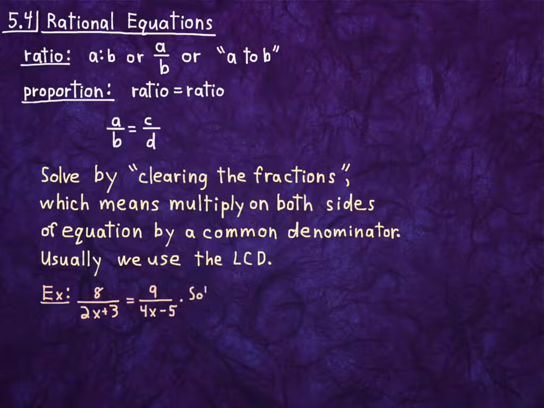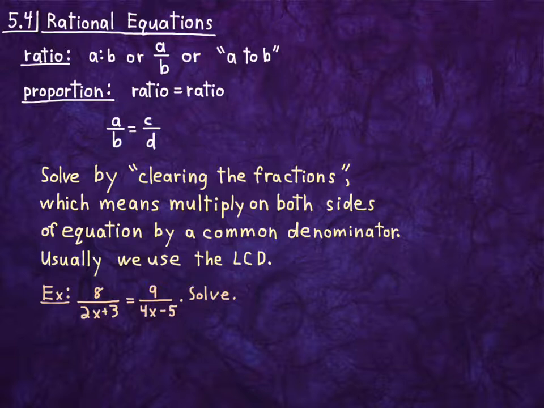So here's an example. This works the same as it does with just numbers, because remember, 2x plus 3 is just a real number, and 4x minus 5 is just a real number. My least common denominator for this one happens to be the product of the two, because they don't have any common factors other than 1, or possibly minus 1, which we don't care about here.